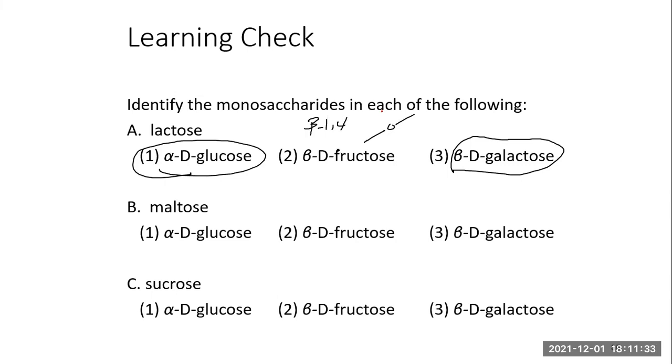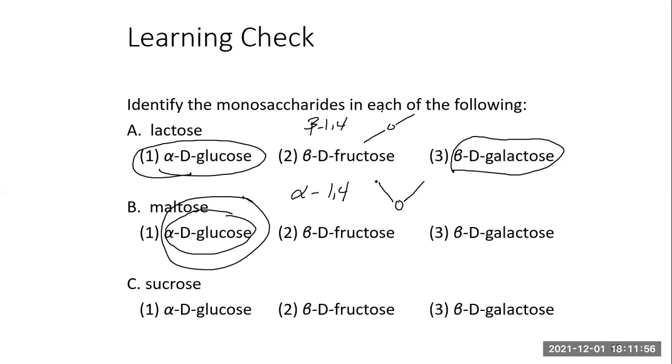Maltose was the first one that we looked at, which is made up of a couple of glucose molecules. And remember that the connection we see with maltose is the alpha 1 4 connection, the one that looks like it's going downward.